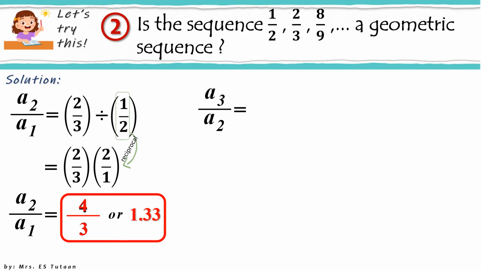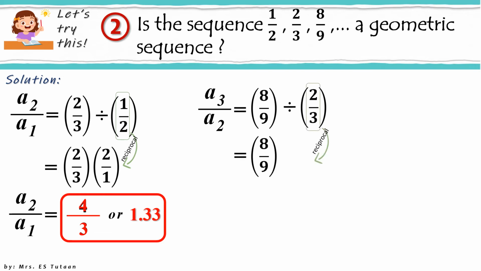Ang ating second pair of terms, we have a sub 3 divided by a sub 2. That will give us 8/9 divided by 2/3. So, that is 8/9 times the reciprocal of 2/3, which is 3/2.